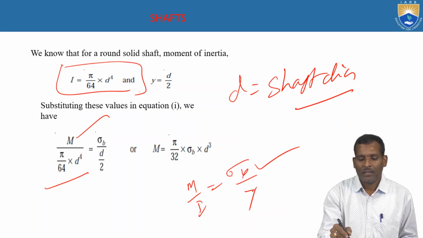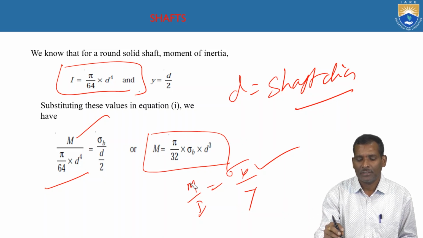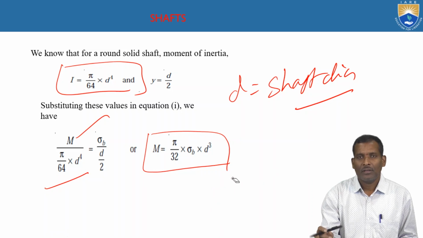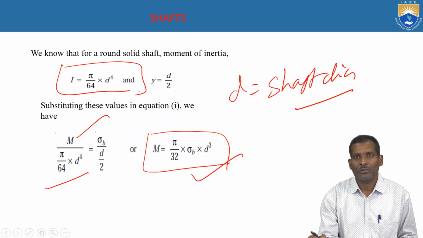Finally, after simplification, we will get the bending moment equation M is equal to pi by 32 into sigma b into d cube.